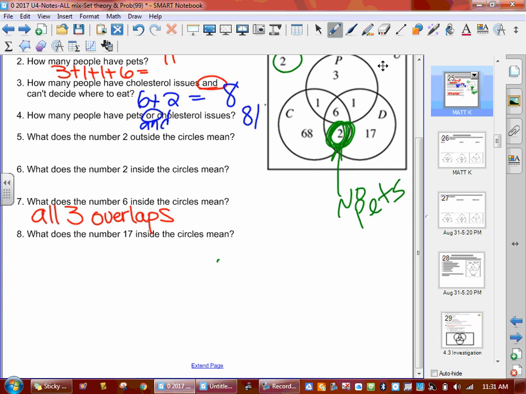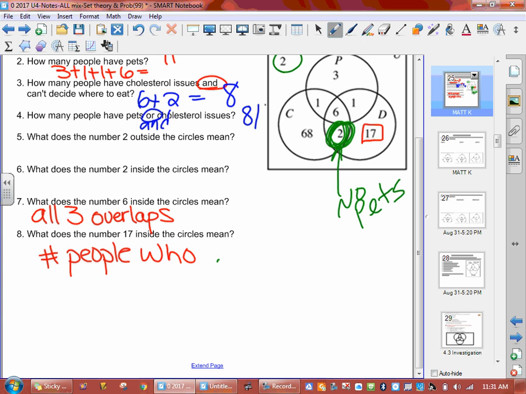I'm looking for the word only. The number of people who only have trouble deciding where to eat.